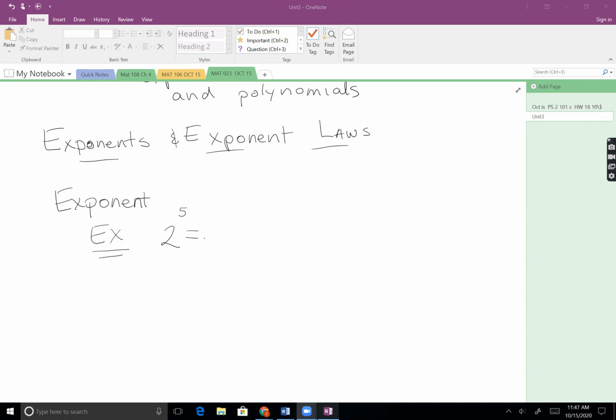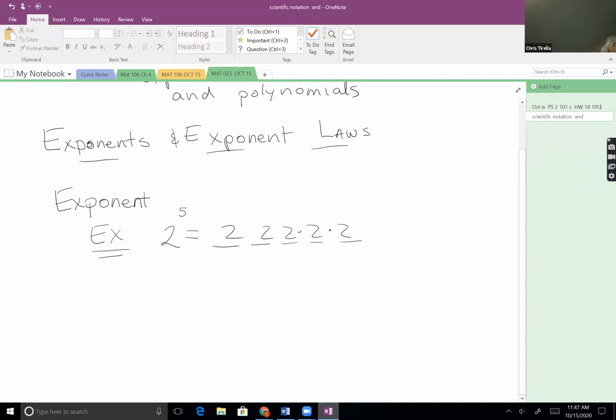So we're going to take 5 factors of 2 and multiply them. 2 times 2 is 4, times 2 is 8, times 2 is 16, times 2 is 32.